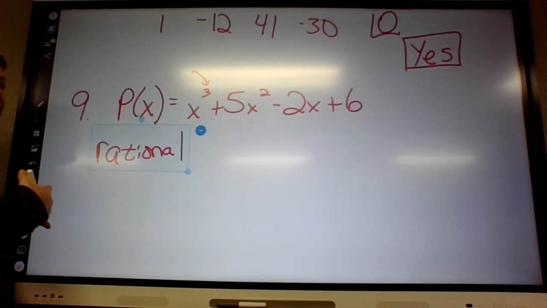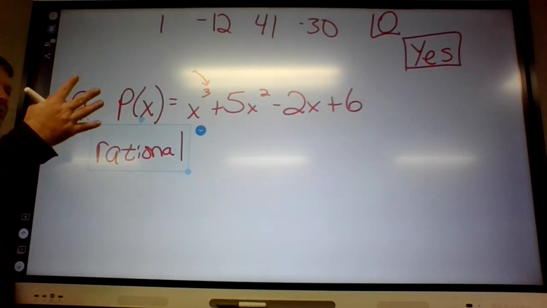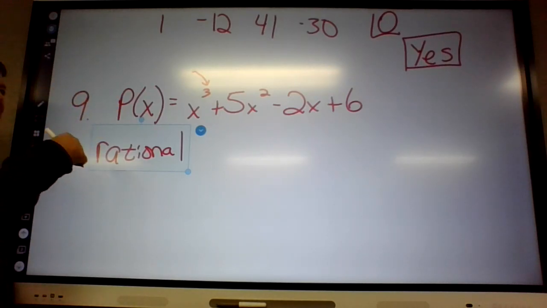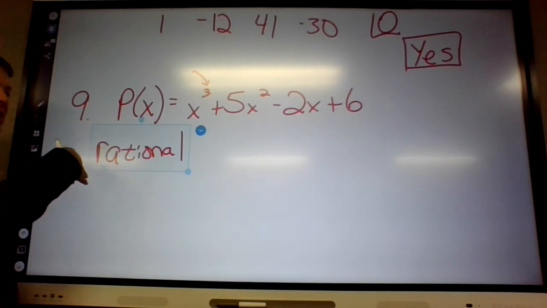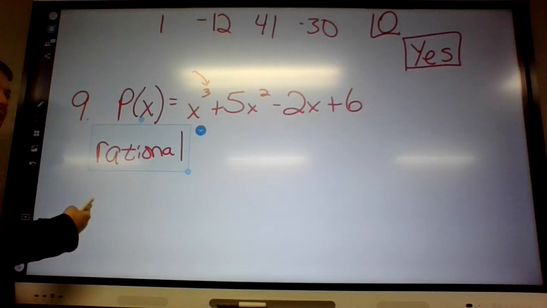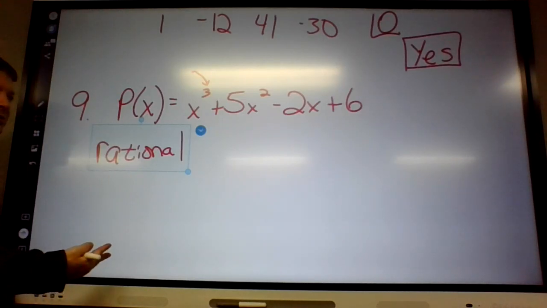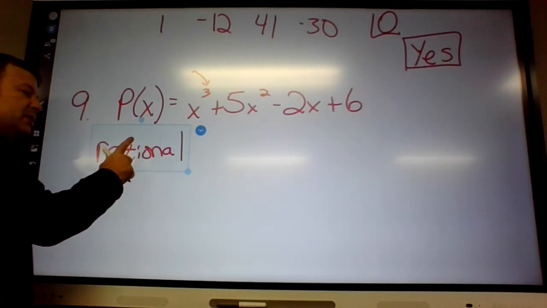Remember last chapter when we were solving quadratics, sometimes we got like 3 plus or minus square root of 2 over something like that. Those are irrational, those aren't rational. Rational means a normal answer. It could be 2, but it could be 2/3 or 5. It's normal answers, not square roots, not pi.